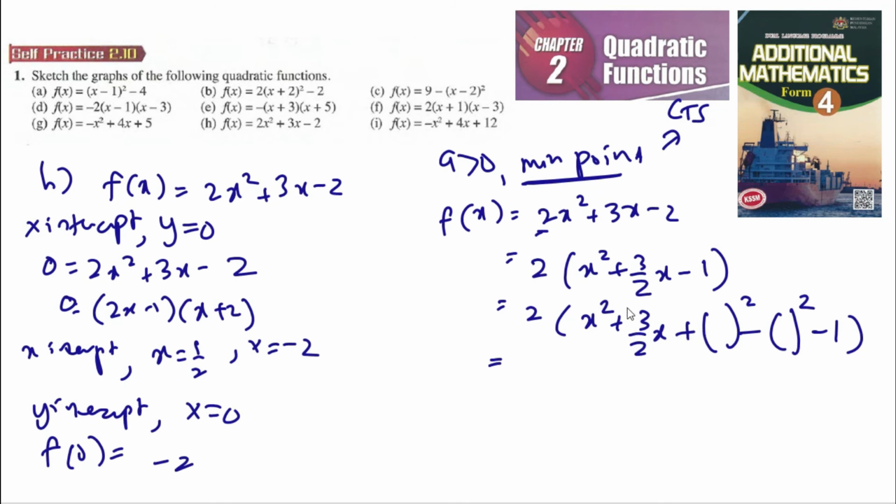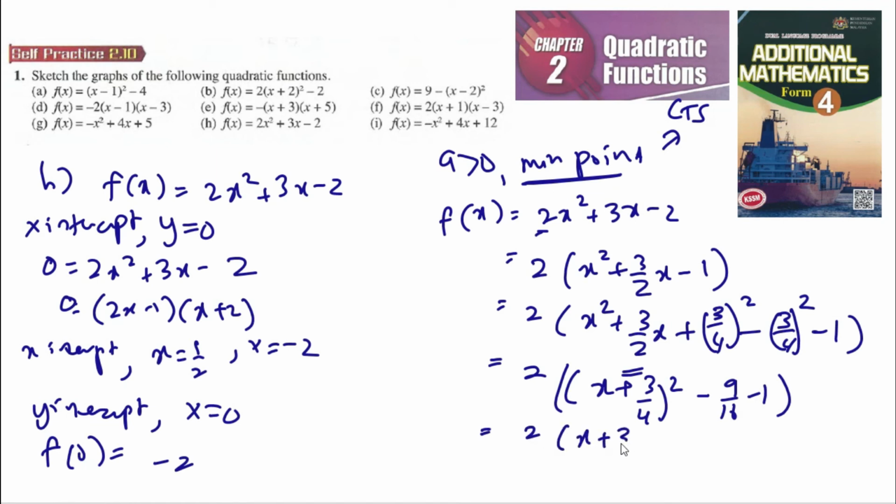The box should be the coefficient of x divided by 2, so 3 over 2 divided by 2, we get 3 over 4. This one is also 3 over 4. So we get 2 times (x plus 3 over 4) squared, minus 3 over 4 squared, which is 9 over 16, minus 1. So we get 2 times (x plus 3 over 4) squared, minus 25 over 16.